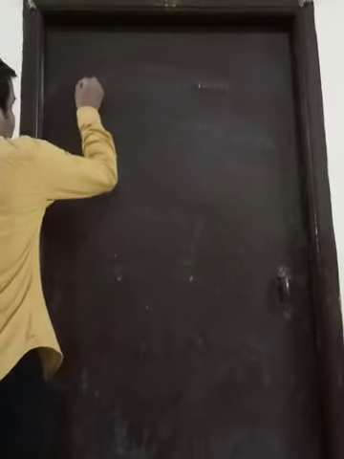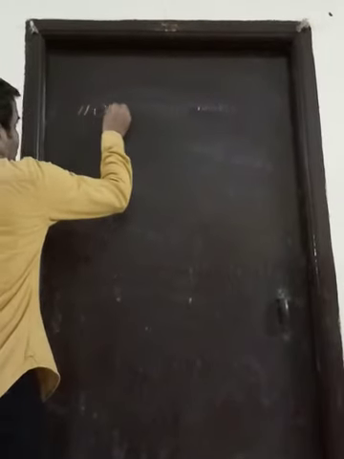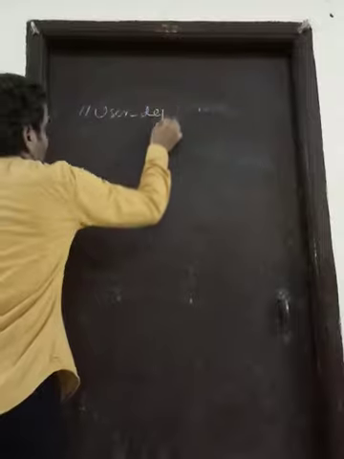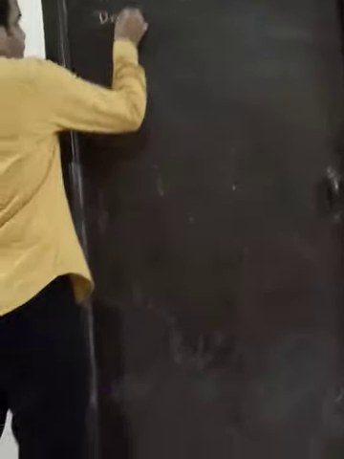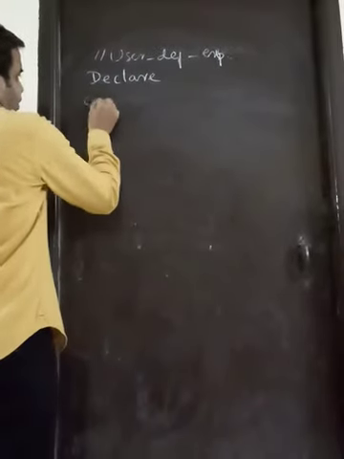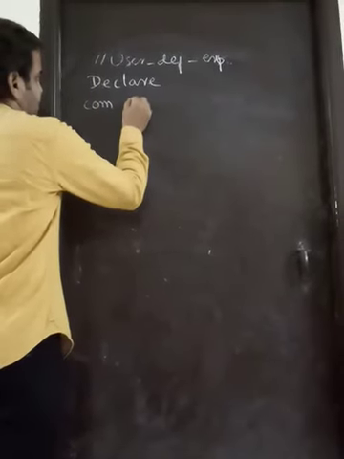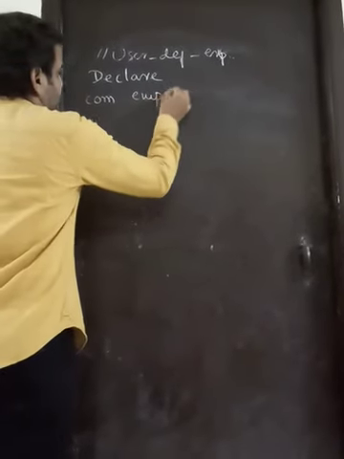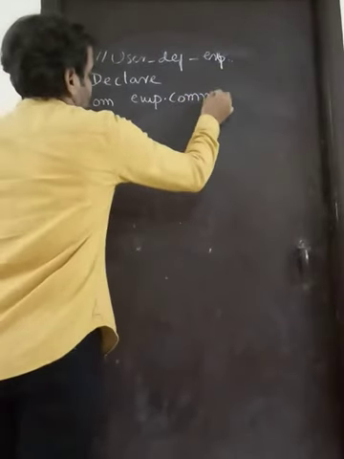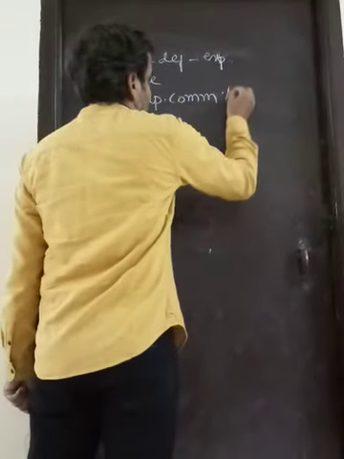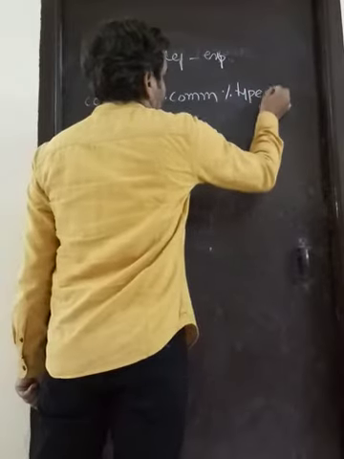So the topic is user-defined exception. First I am declaring. I am taking commission, accessed from the employee table's commission column using %TYPE. Then begin.